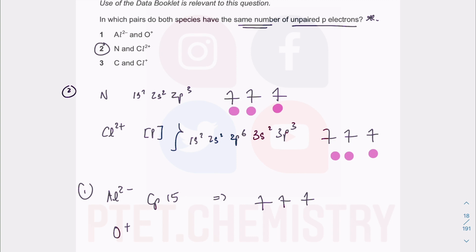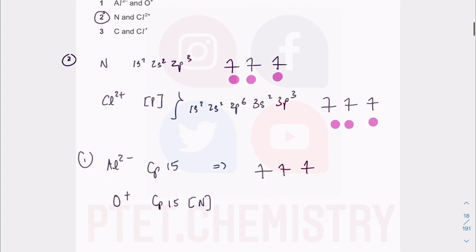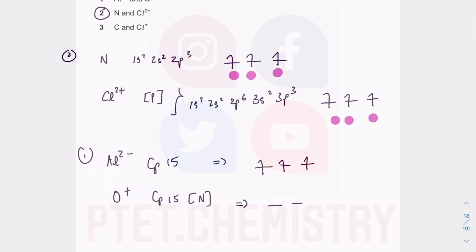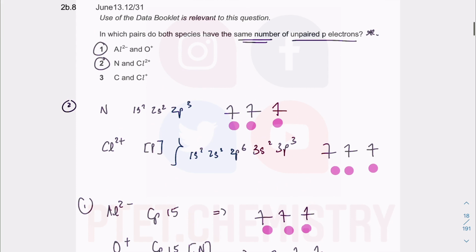When you lose 1 electron, you're going to look like group 15 nitrogen because you are second period. Well, nitrogen is above phosphorus, so naturally they are still 3p3, group 15, so they are the same. Obviously, they have the same number of unpaired electrons there. So 1 is also correct.